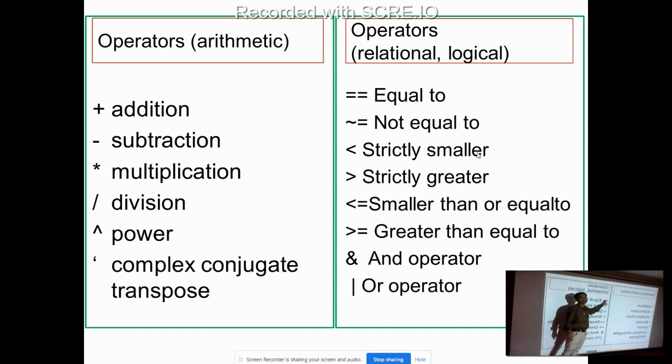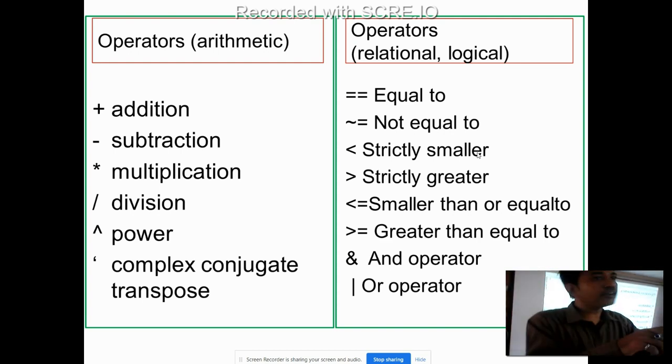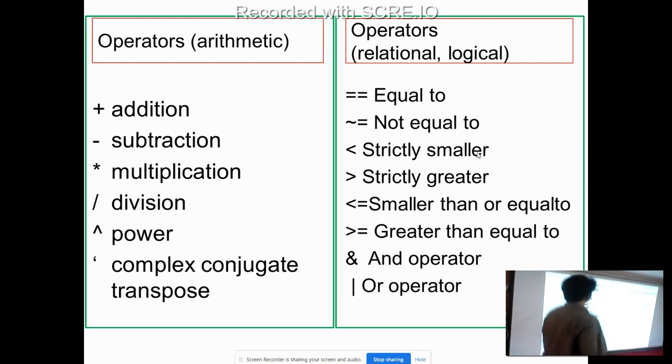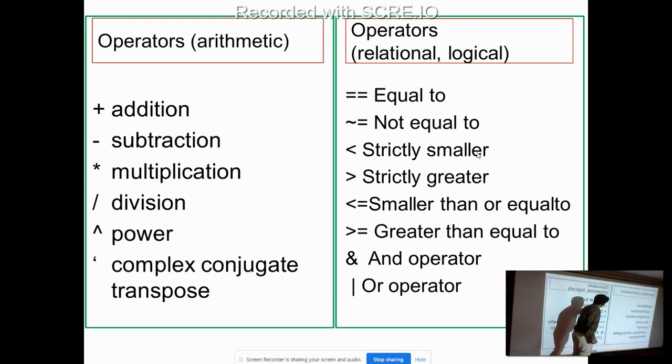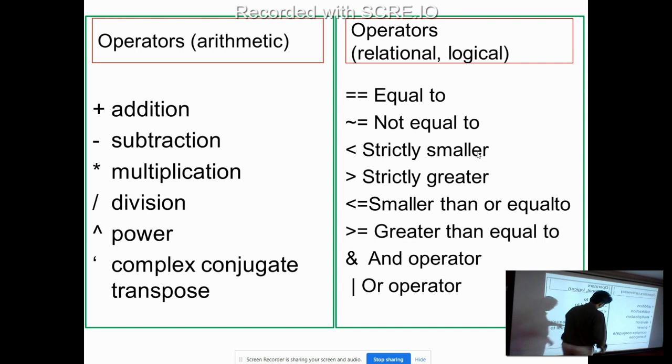Equal to means you have to write double equal. If I write one equal, that is called the assignment operator, you know. In C, one equal is the assignment operator, meaning you are assigning. I am not assigning, I am comparing for equality. So I have to use two equal symbols. Equal, not equal, greater, greater or equal to, lesser or equal to, and operator, or operator. All will work.